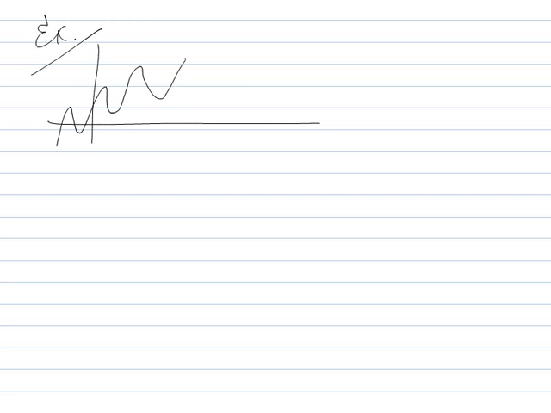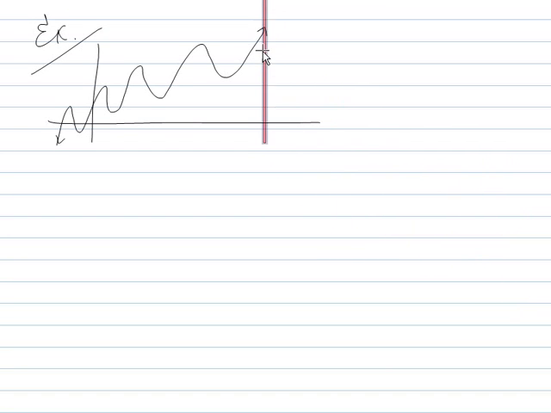Alright, so now say I've got a graph that looks like this. Say I've got one that goes like this. I want to know, is this a function? I'll take my vertical line and I'm going to trace it. As I trace it, I'll notice that the graph never hits that line in more than one spot.